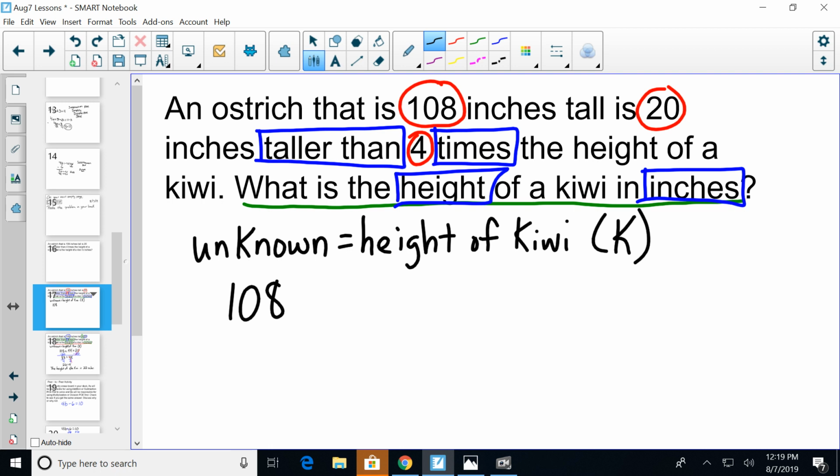It's the key word that you didn't say. "Is" is a key word. Is means equal. So "is" tells me I need an equal sign. So that's what tells me in the problem I need an equal sign. And what does it equal?